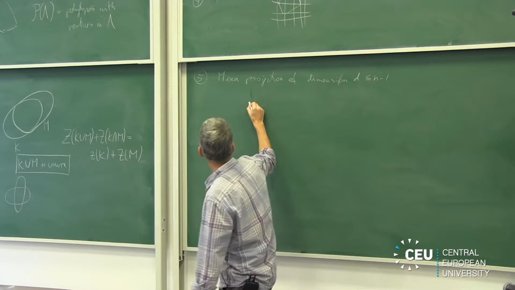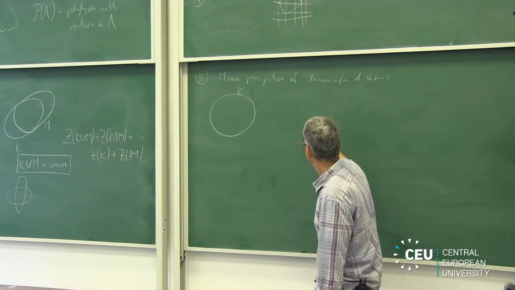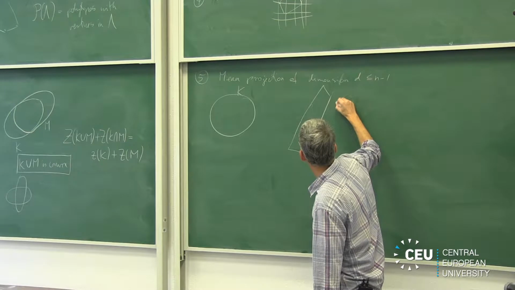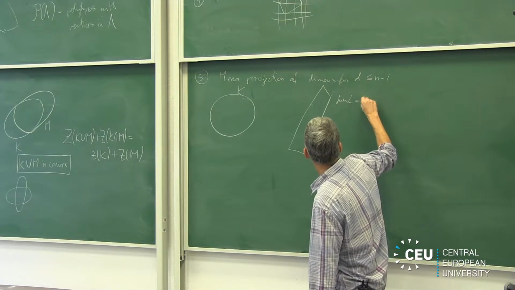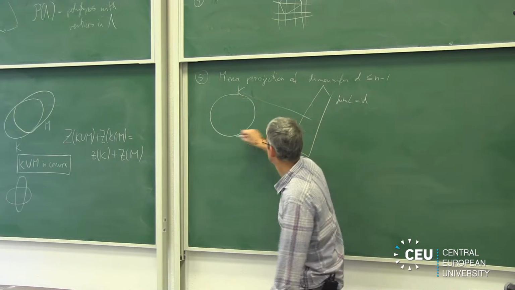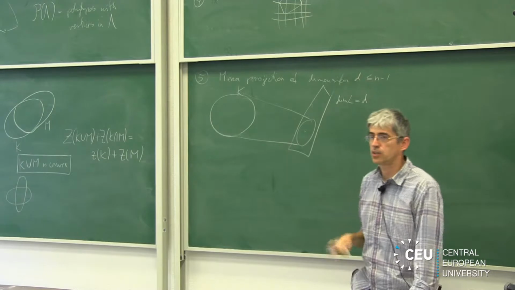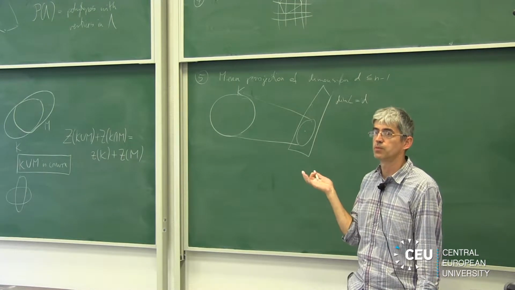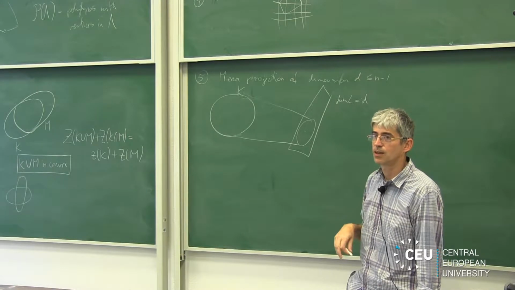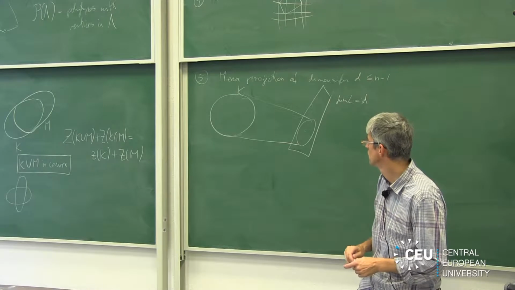So what you do is you have your original convex body K, and you take any linear subspace of dimension D. Then you can project your body into this linear subspace, and you take the D-dimensional volume of this projection, and you integrate over the Haar measure.